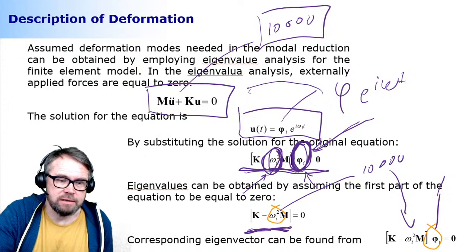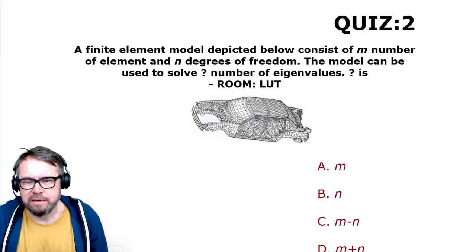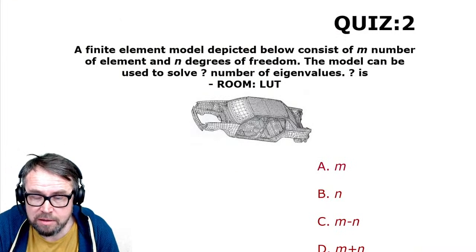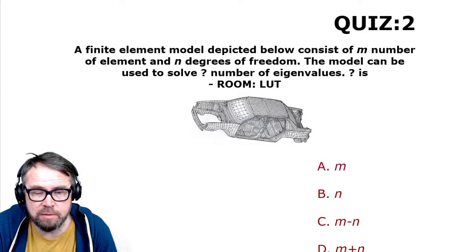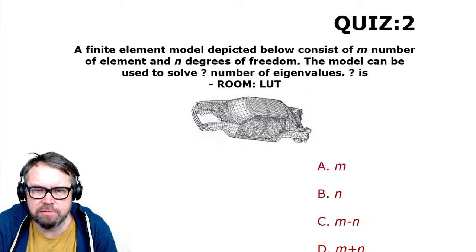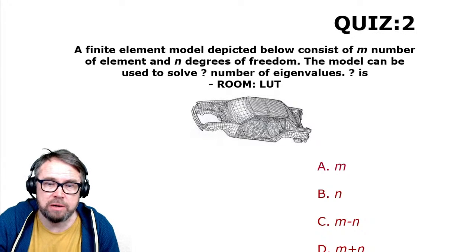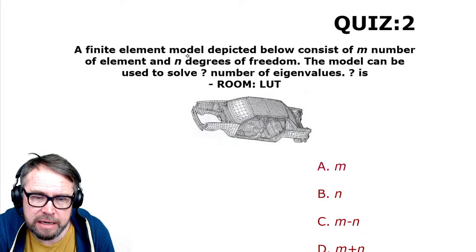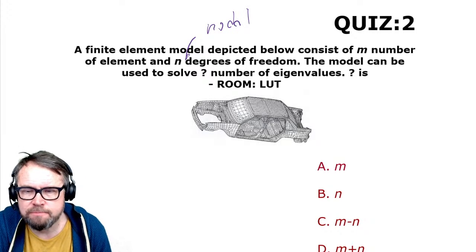With that, I need to drink a little bit of coffee, and you need to think about the solution for this problem. The finite element model shown below consists of m number of elements and n number of, well, the better way to say this would be n number of nodal degrees of freedom.